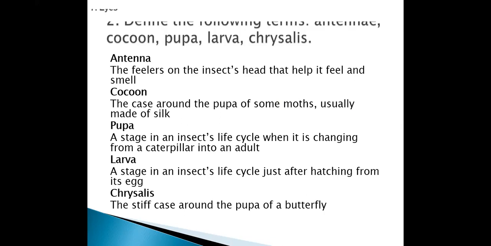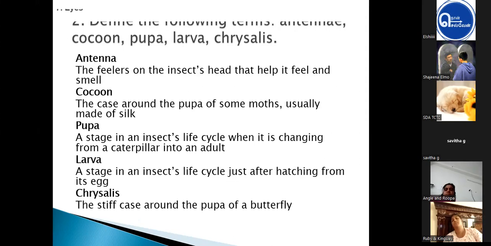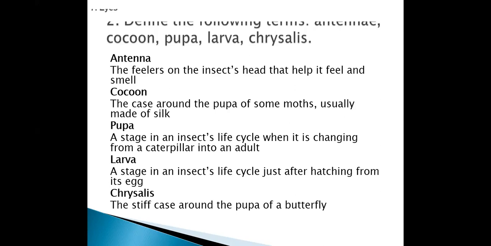And pupa is a stage of an insect life cycle when it is changing from a caterpillar into an adult. What is larva? The stage of an insect life cycle just after hatching from its egg. And chrysalis is a stiff case around the pupa of a butterfly.